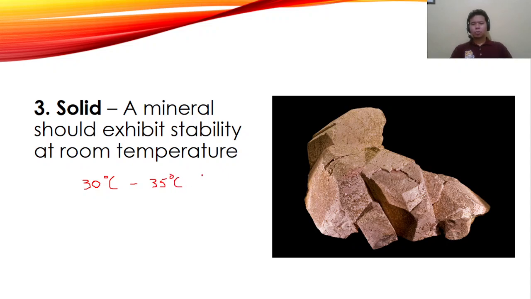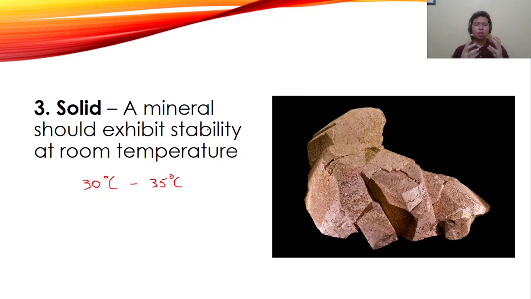Now, at that specific temperature, if a mineral is exposed in a room, it shouldn't melt. Now, there are minerals that melt at room temperature. They are usually liquid in form. That's why there are some exemptions to this rule, to this characteristic.